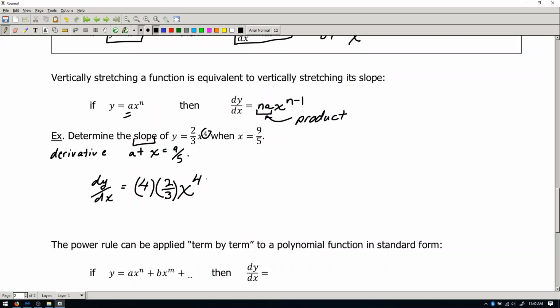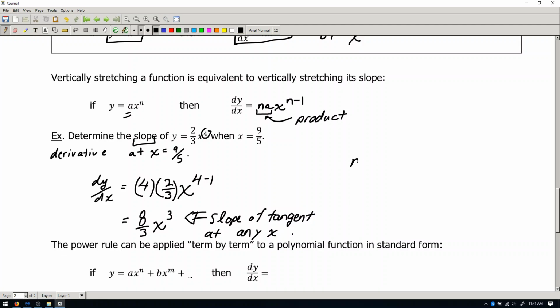Then take the exponent and subtract 1. We multiply the coefficients in front to get 8 over 3, and then x cubed. That's the derivative. And this is basically the slope of tangent at any x.